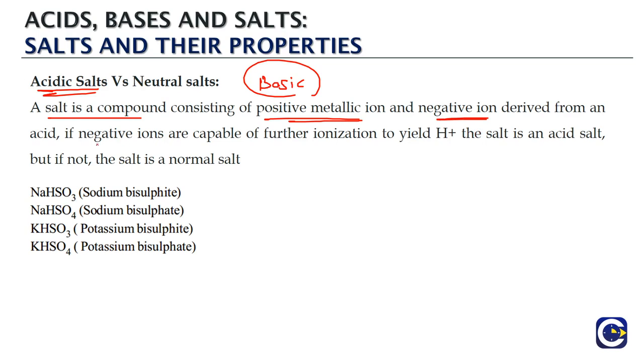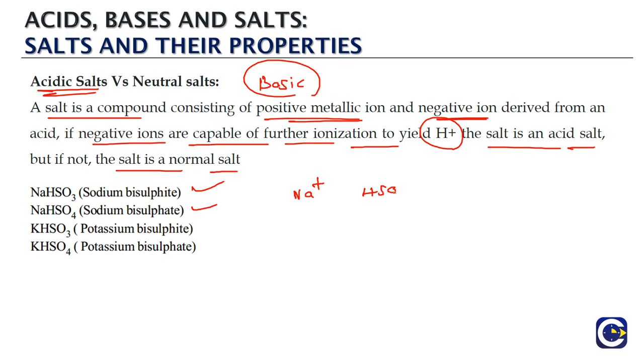Now if the negative ion which is coming from the acid is capable of giving further H plus ions, then this salt will be called an acidic salt. If it is not able to give, then it will be called a normal salt or a neutral salt. Like we will see the examples of what it is. If you see sodium bisulfite or sodium bisulfate, now here sodium bisulfite has Na plus and HSO3 minus.